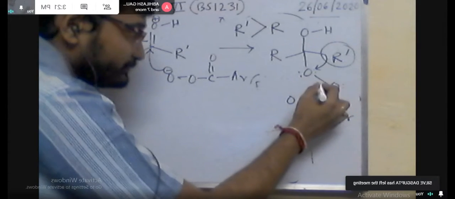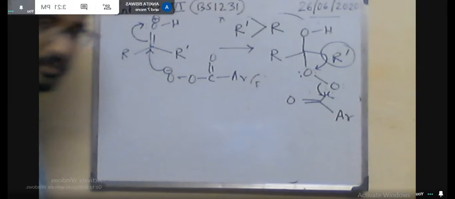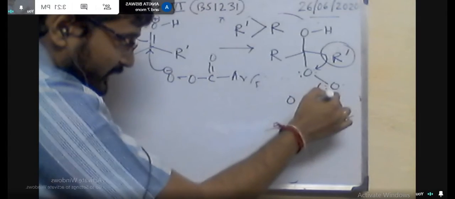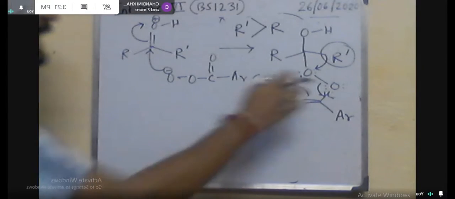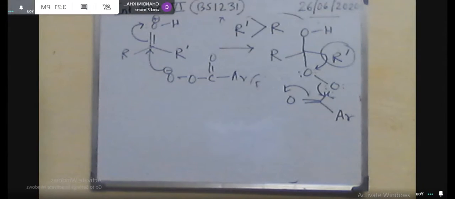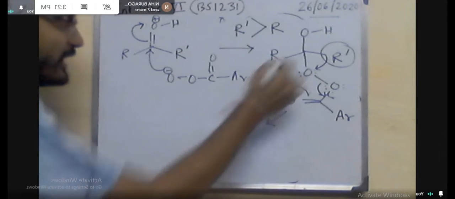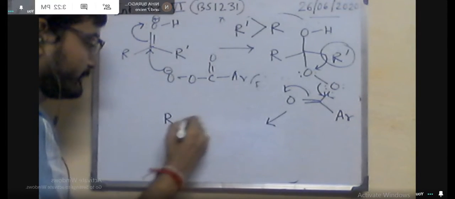So as a whole it can generate R-OH, R prime plus the carboxylate residue.